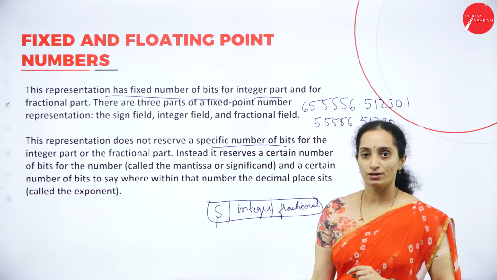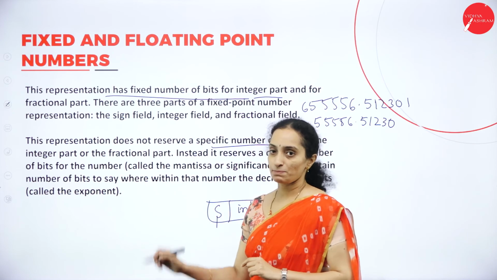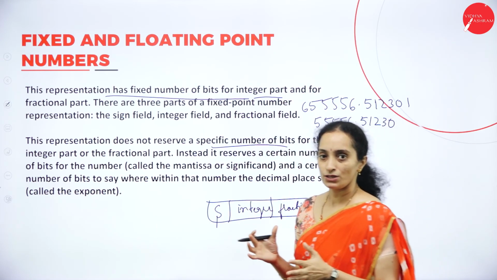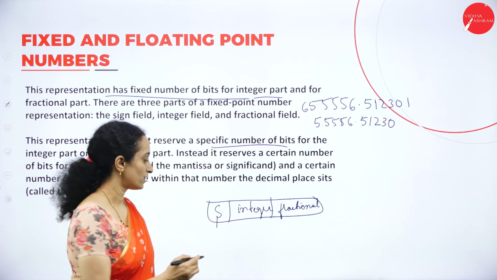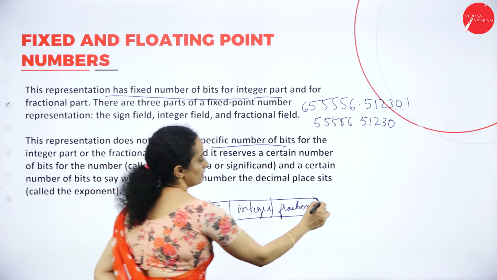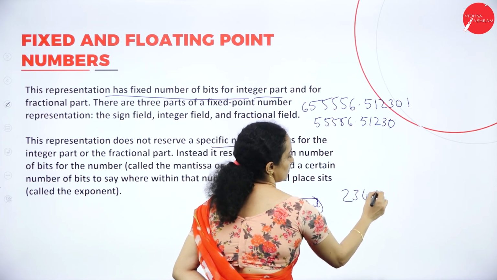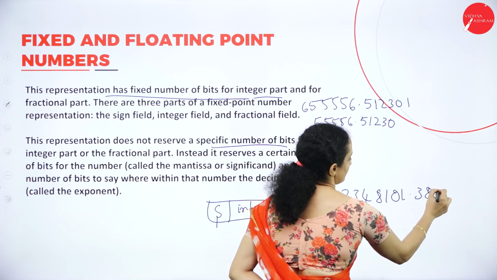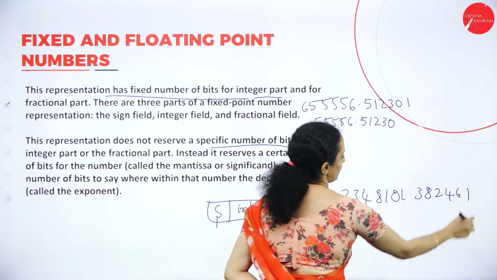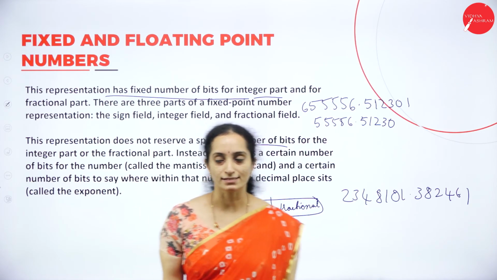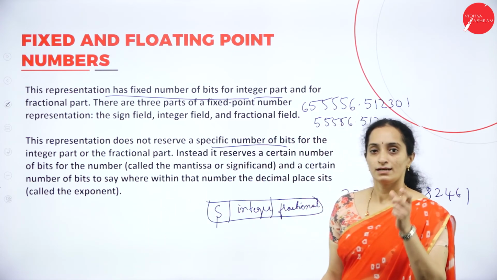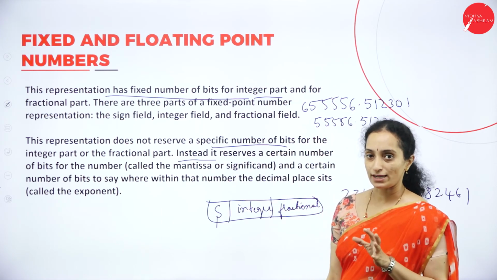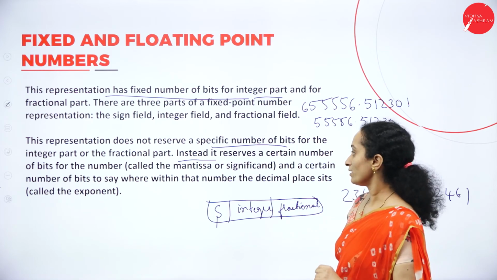Next are floating point numbers. This representation does not reserve any fixed bits. You can have numbers like 101.382461. There are no fixed bits for the integer part or the fractional part in a floating point number.